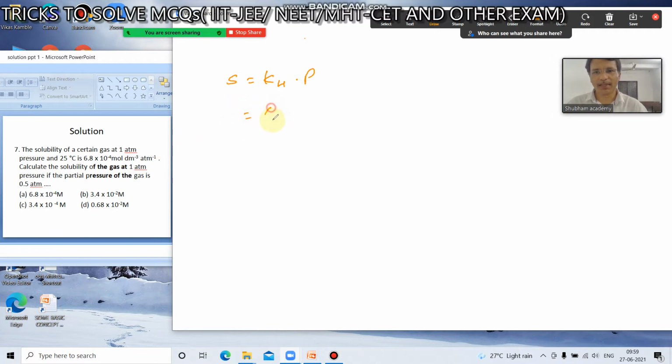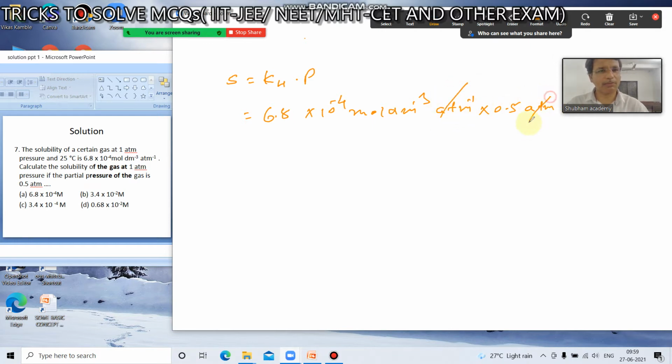That means here 6.8 into 10 raised to minus 4 mole per dm cube per atmosphere at 1 atmospheric pressure. And here the partial pressure of the gas is given, so we write 0.5 atmosphere.